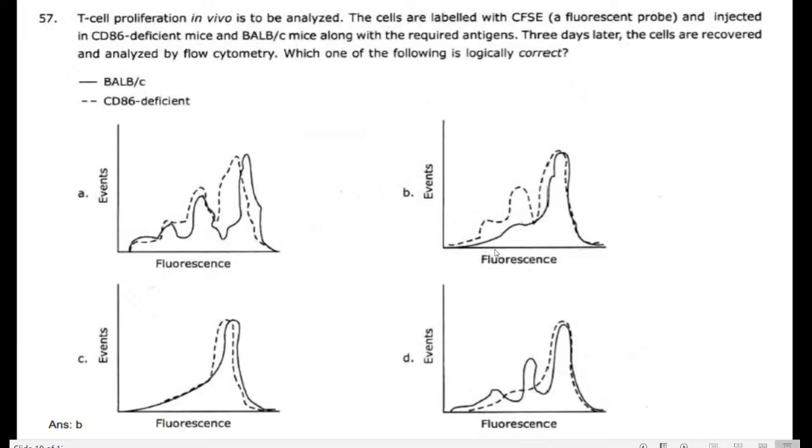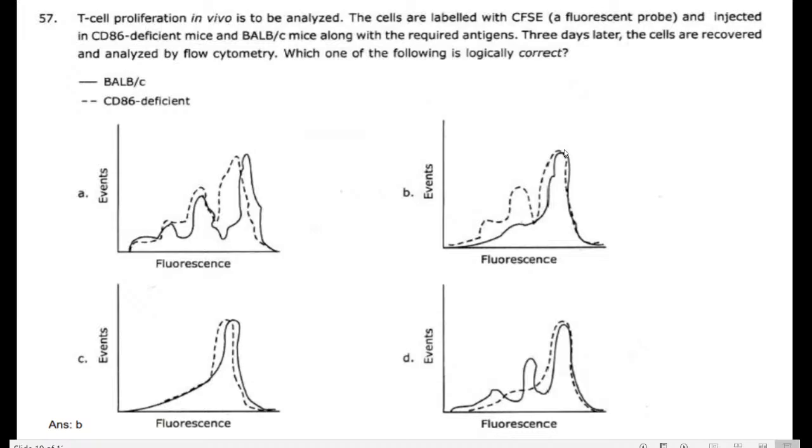The CD86 deficient is normally increasing and reaches one particular point. But the BALB/c shows a smooth improvement.